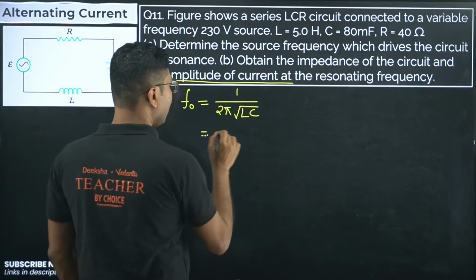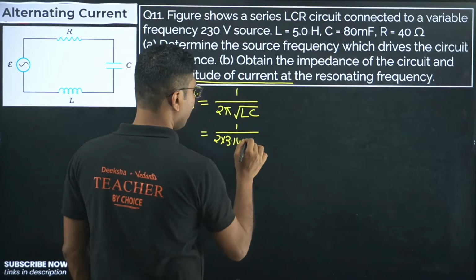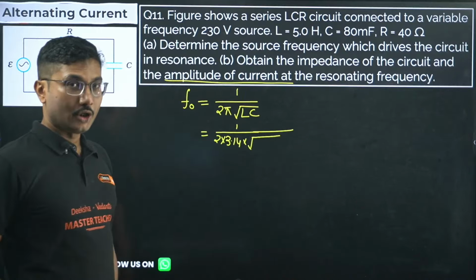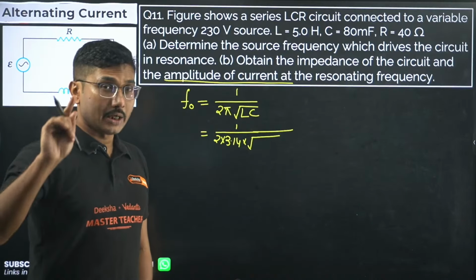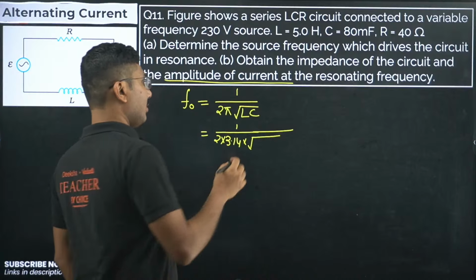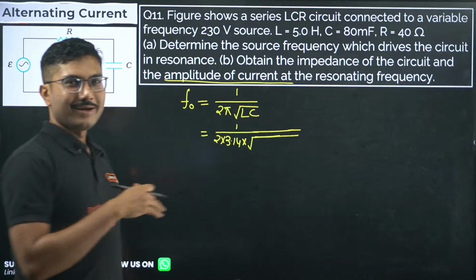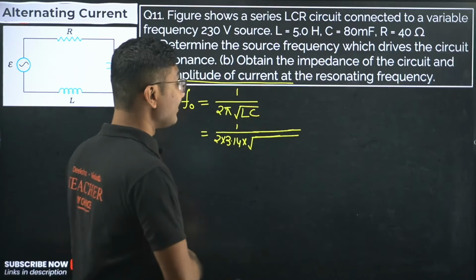So how to calculate? 1 by 2 into 3.14 into... numerical questions from this chapter are just straightforward formula based, but you require a calculator, because you cannot possibly solve these questions without one.